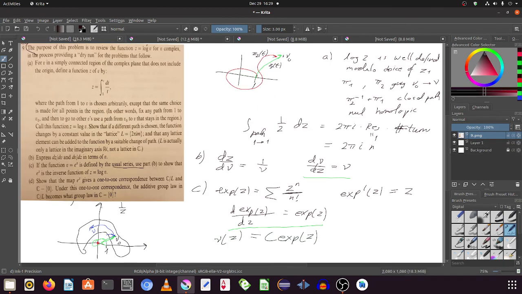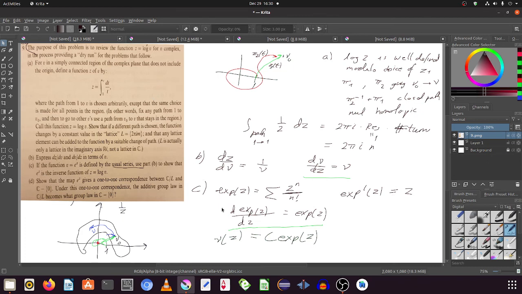Now what I don't like here is the question of definition. Yeah, that's what has been bothering me from the beginning. We have a simply connected region, and then we define this function, and it's not necessarily defined for all complex numbers. That's what's bothering me.